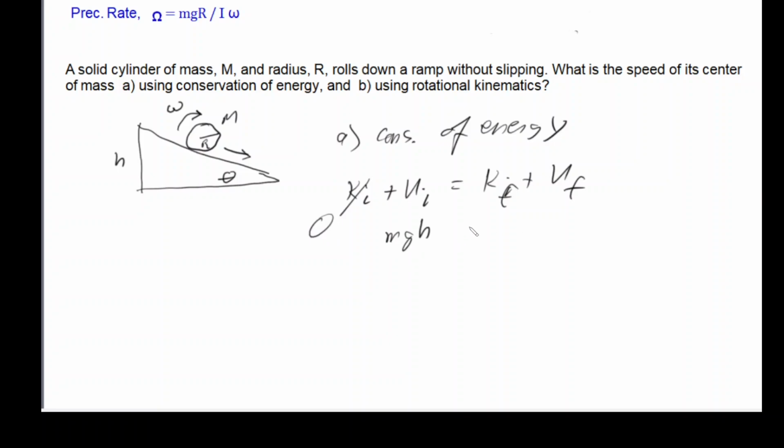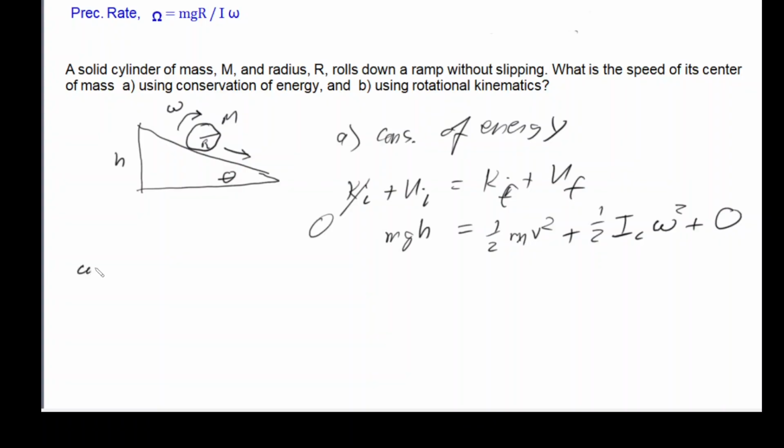And at the bottom, it has a kinetic energy that's part translational and part rotational. So the translational kinetic energy is 1/2 m v squared, plus the rotational energy is 1/2 I center of mass omega squared, plus the potential energy, which in this case is 0 because it's at the bottom of the ramp, so there's no height.